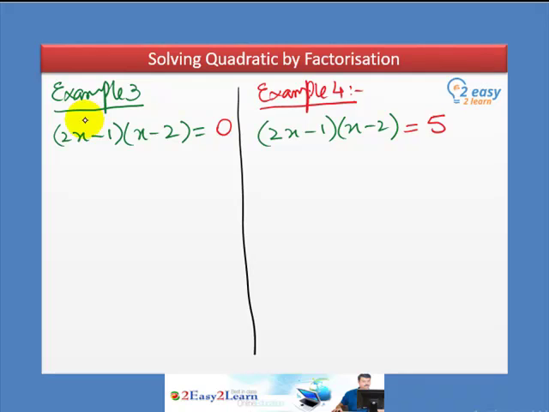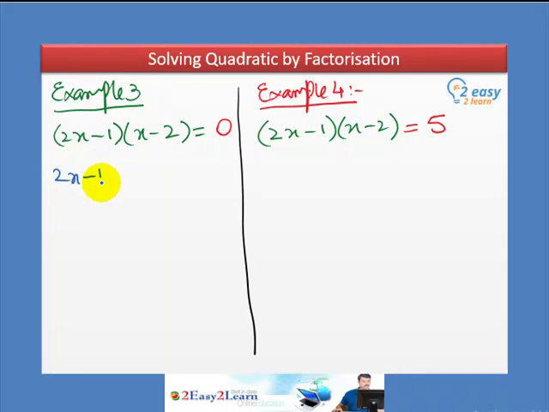In example number 3, these factors are equal to 0, and in example number 4, these factors are equal to 5. When these factors are equal to 0, no need to expand it, because these factors are already equal to 0. Equate them one by one to 0.